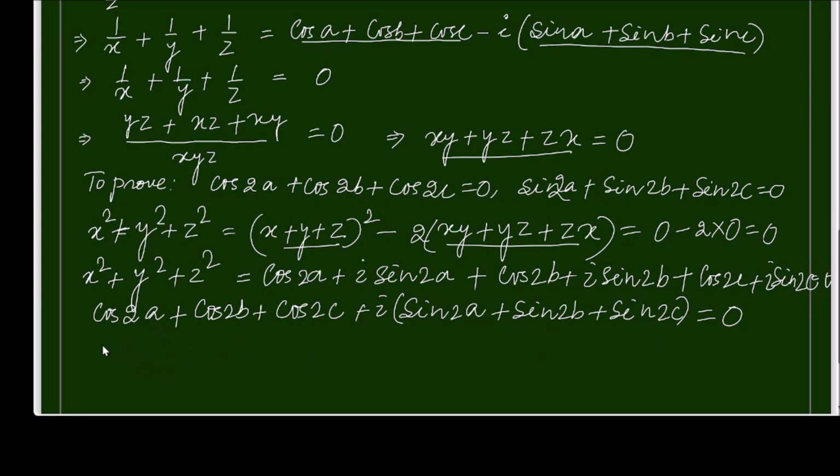So what is 0? 0 means 0 plus i0. That means real part is 0 and imaginary part is 0.